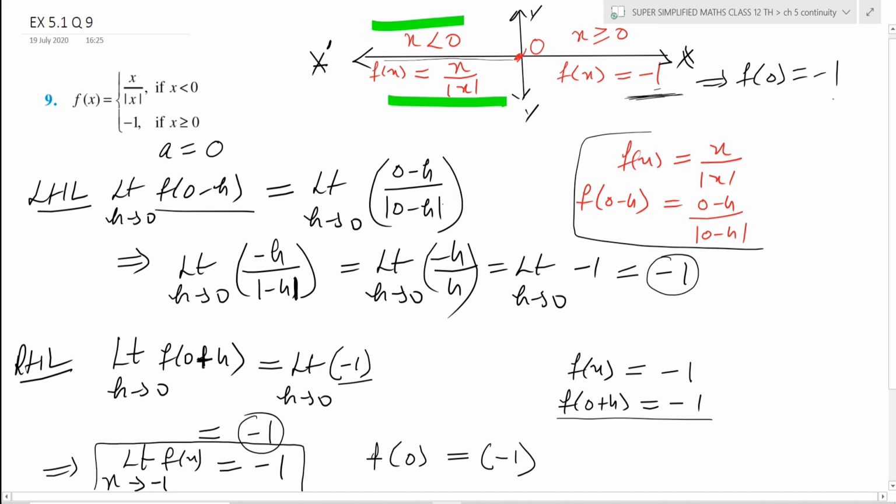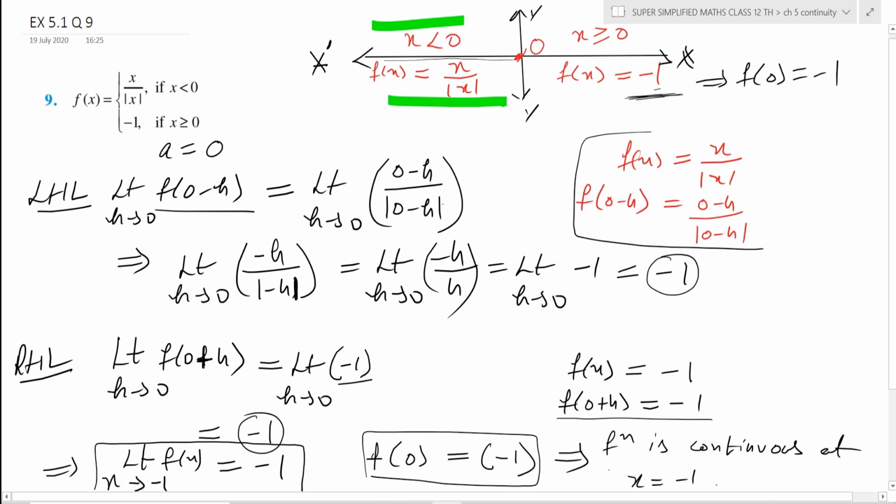So we can see that f(0) is also -1. And since both of them are equal, this implies the function is continuous at the point x equal to 0. And so therefore there is no point of discontinuity.